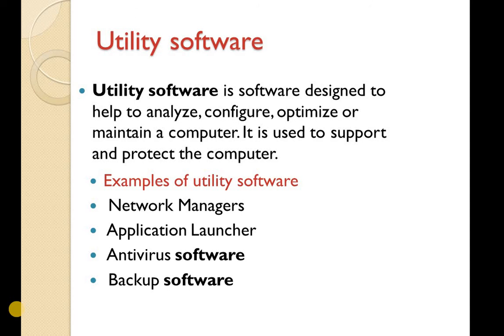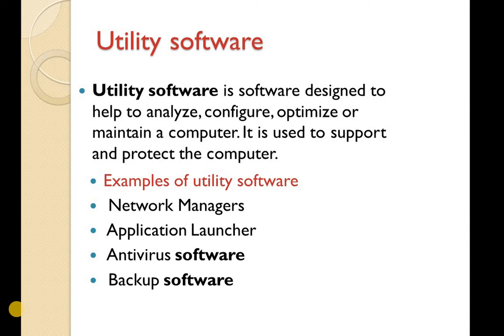We also have the backup software. The backup software is the software that helps to keep our data in check. It helps to retrieve lost data. Maybe we have created a game in the Scratch app, and mistakenly we deleted it.